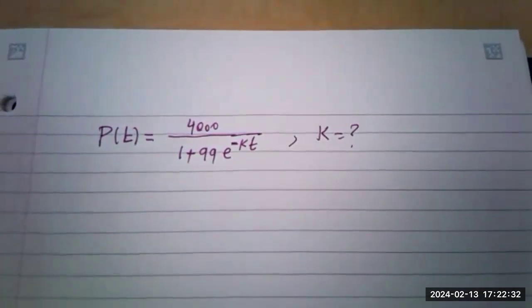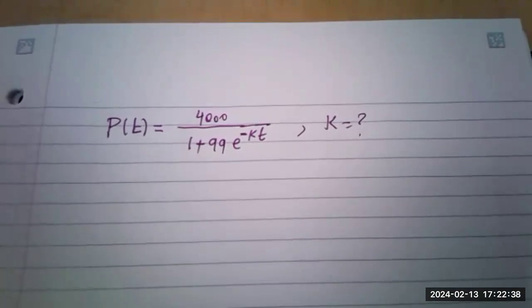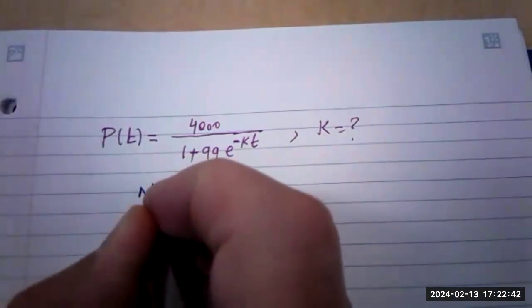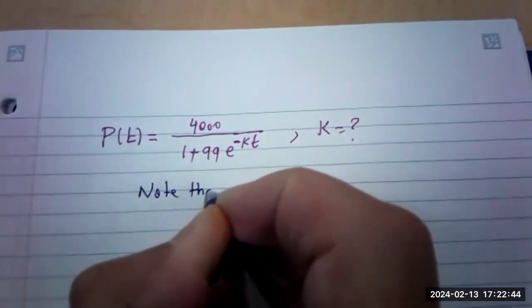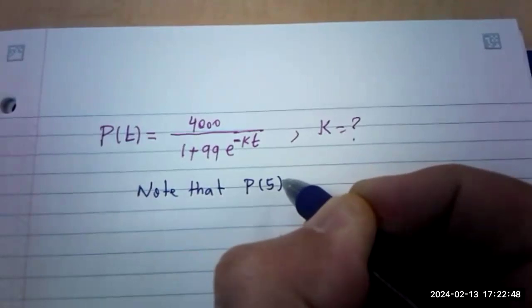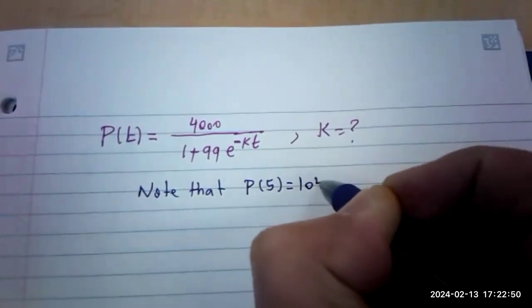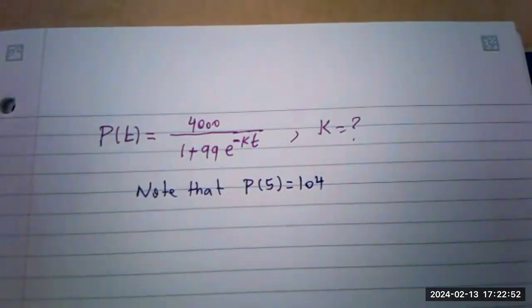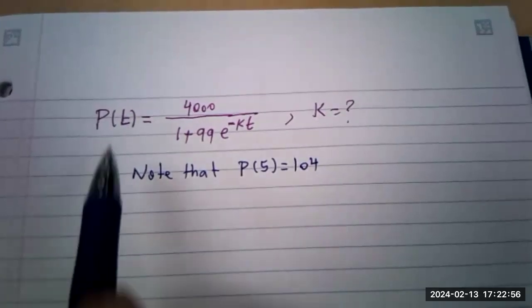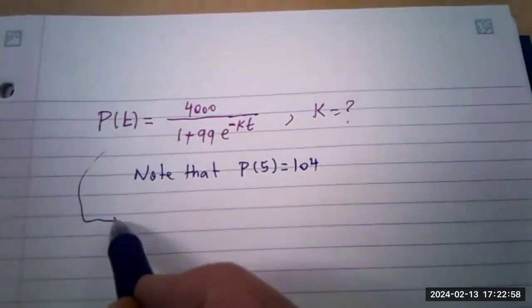As you go back to see what you have, you see the information is that after 5 years, the population is P of 5, which is 104. Now we're going to use this to get the K. So you substitute in your model.